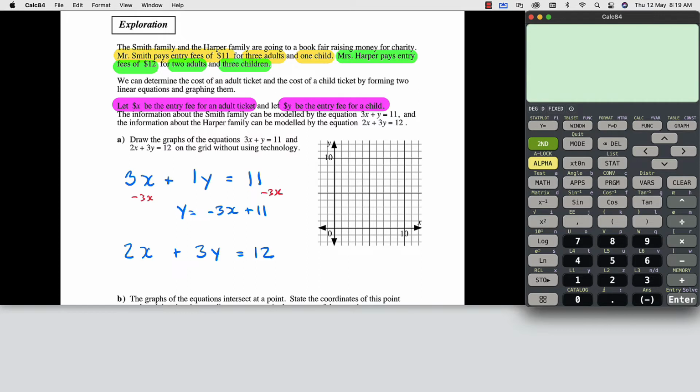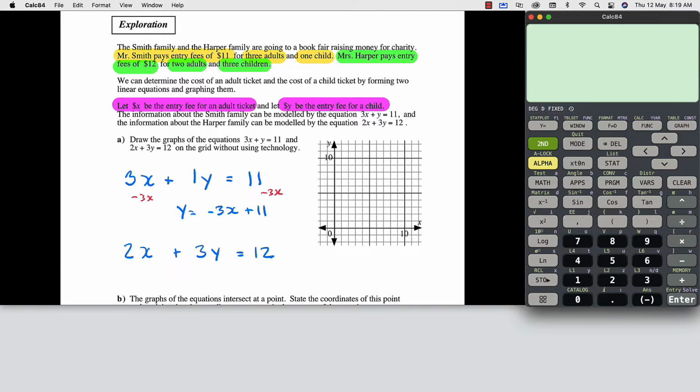And it's asking us to graph it. Basically, wherever the 2 lines intersect, that is going to give us an x and y coordinate for that point, the intersection point. The x would be the number of adults, and the y would be the number of children.